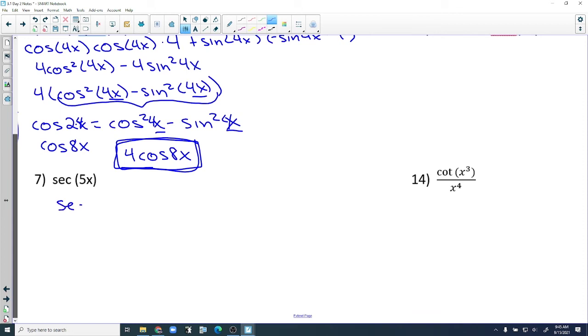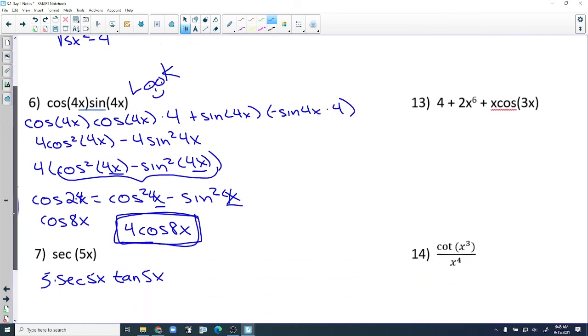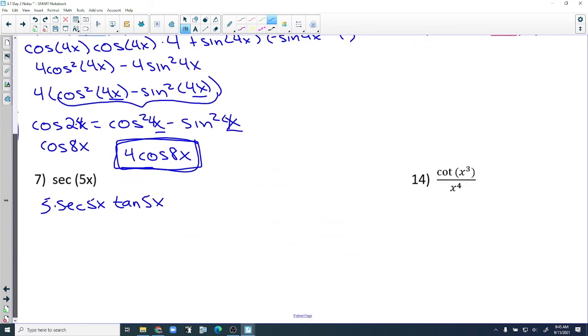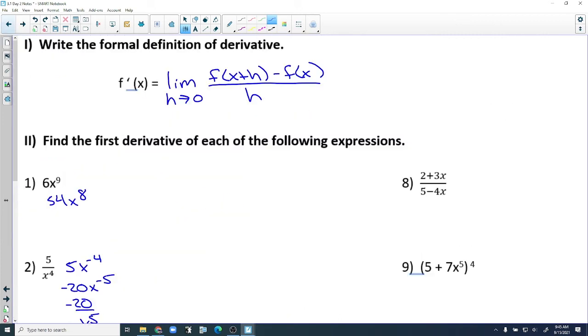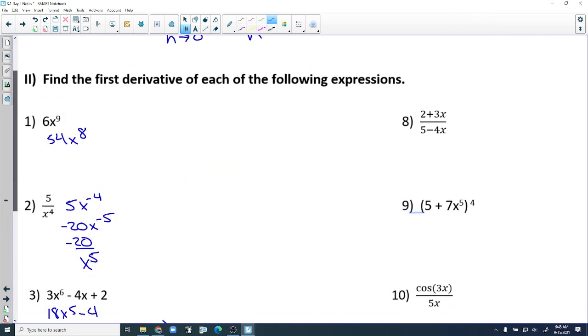This is secant of 5x, tangent of 5x times 5. Like I said, not all of these are meant to be really tough. Don't forget the chain rule on number 7. Let's go back. Number 8, we're just testing you on the quotient rule.